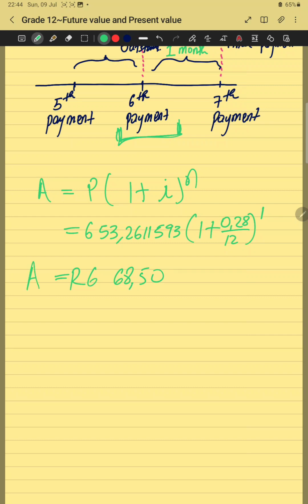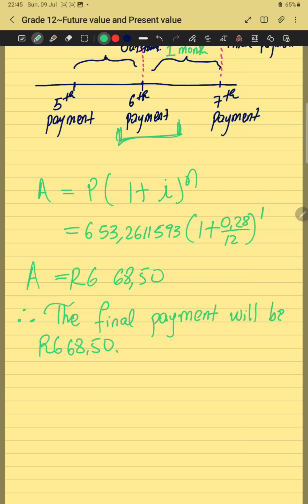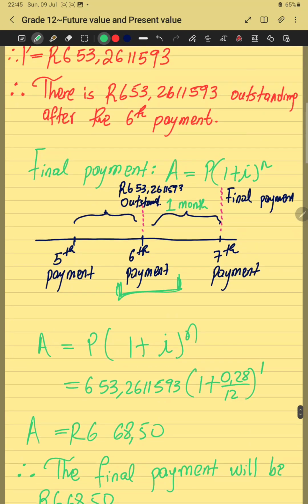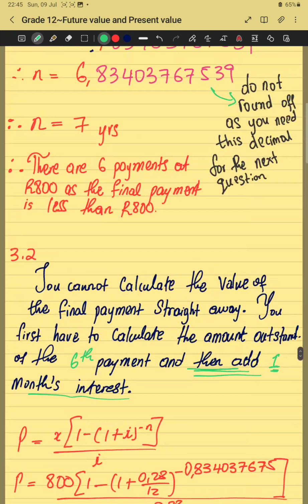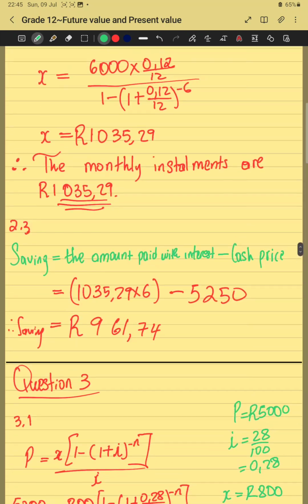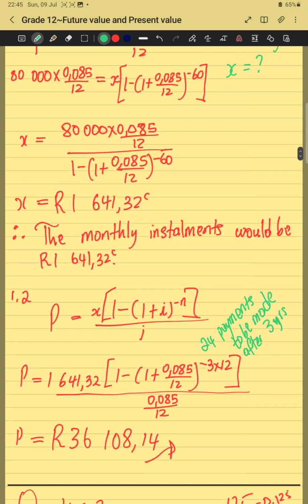So this is the final payment, B. Right, this is the final payment now. Then we just conclude here. This is our conclusion. I hope guys you understand. Thank you so much. That was the last question.